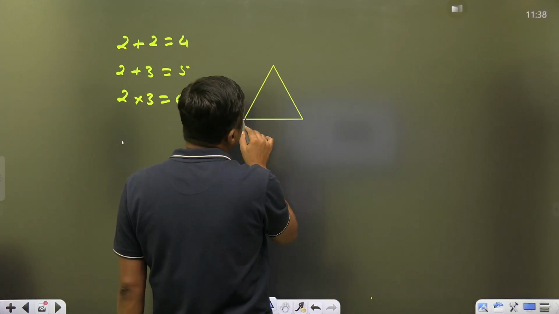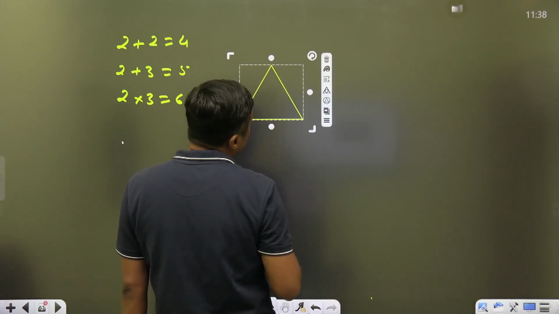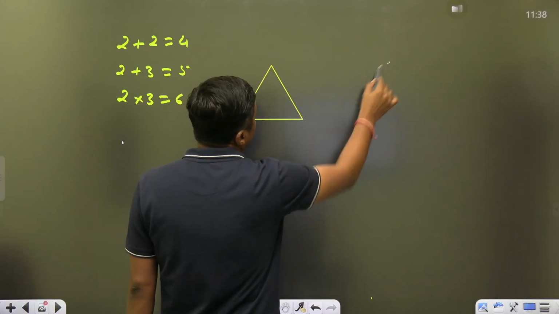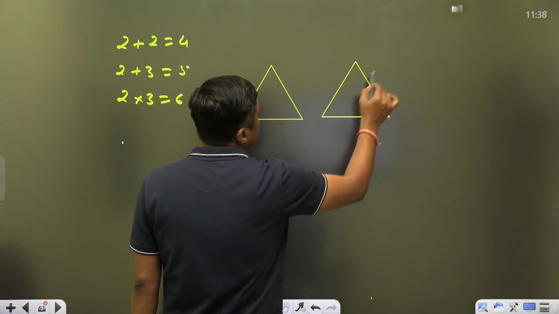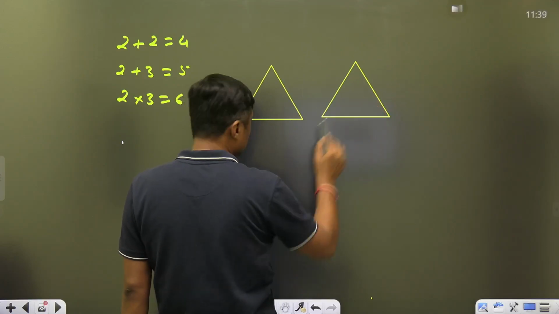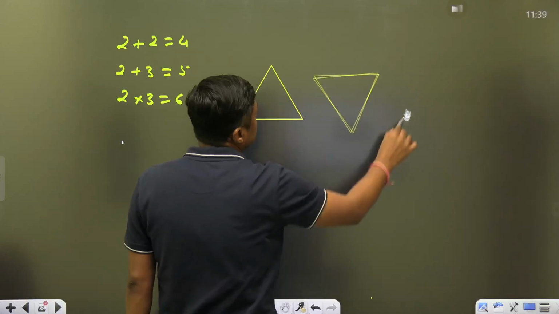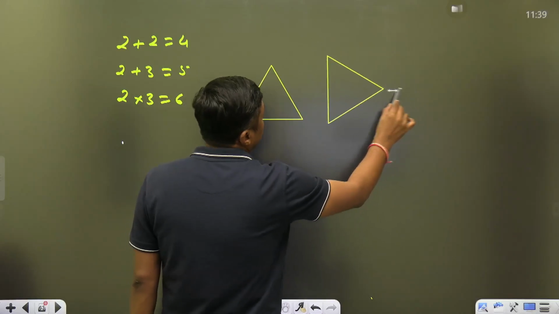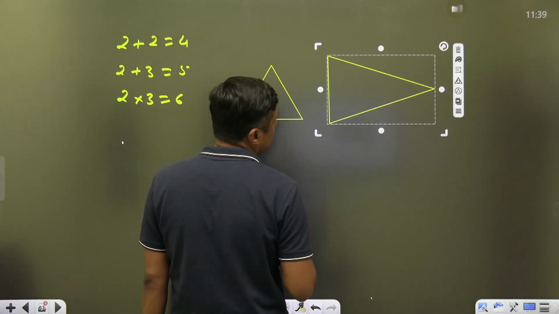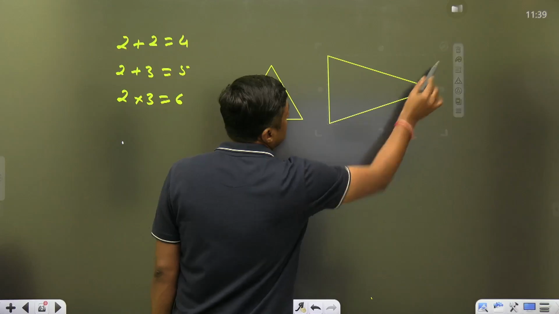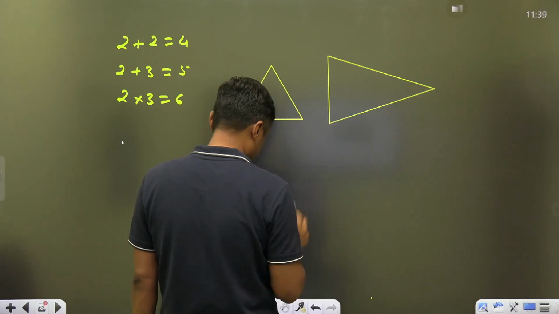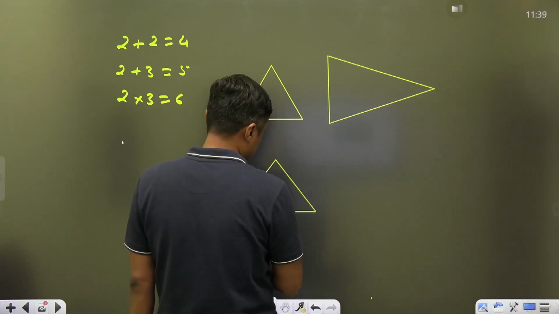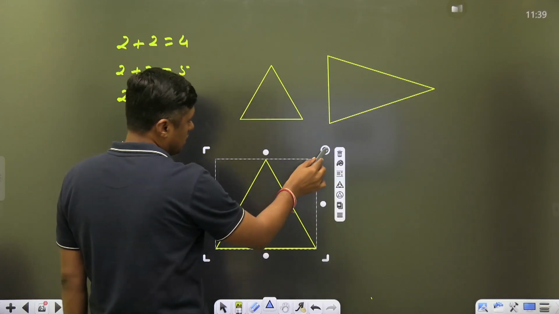और ऐसा भी होना चाहिए. व्हाट इज दिस? बोलोगे सर ट्रायंगल, राइट. अब फिर व्हाट इज दिस? ट्रायंगल. नाउ व्हाट इज दिस? Triangle. What is this? Triangle, right? Then just I am rotating.